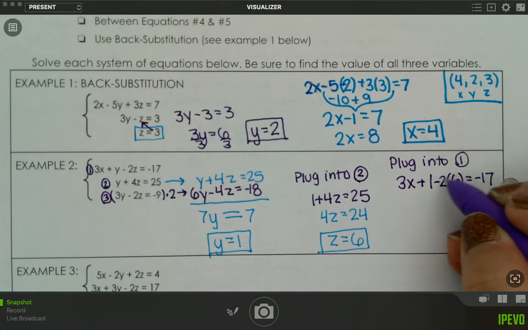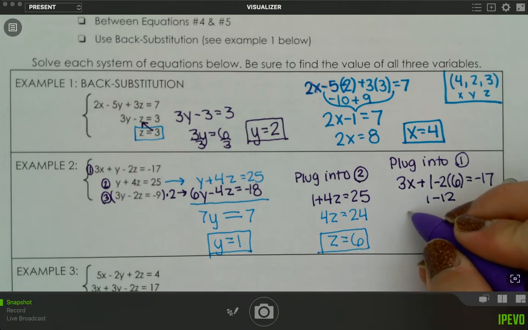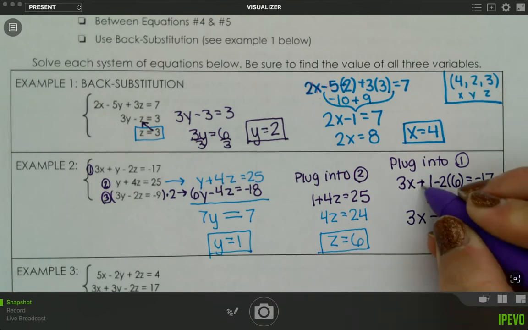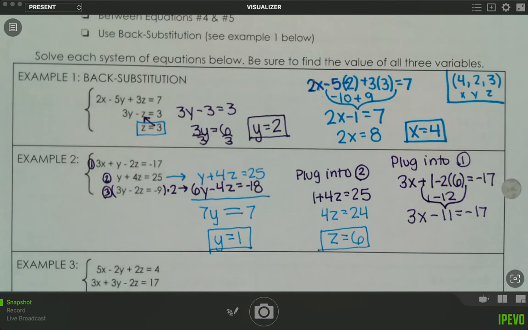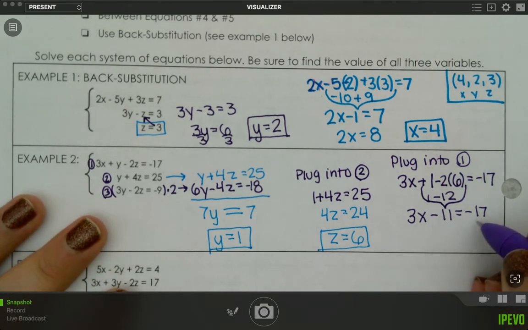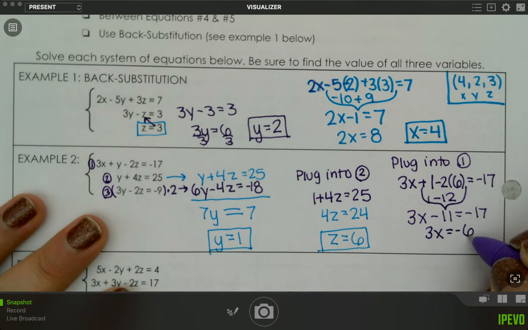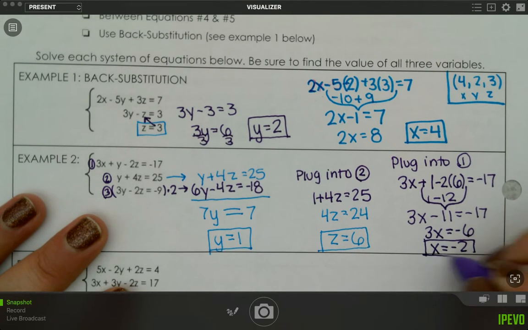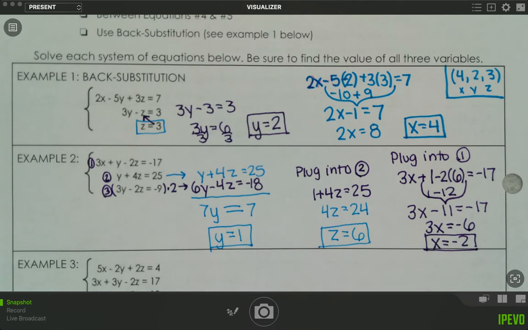And then this part right here is just 1 plus negative 12, which is negative 11. Then I'm going to add that 11 to the other side. Negative 17 plus 11 is negative 6, leaving me with x equals negative 2. And now I have my three answers. Negative 2, 1, 6.